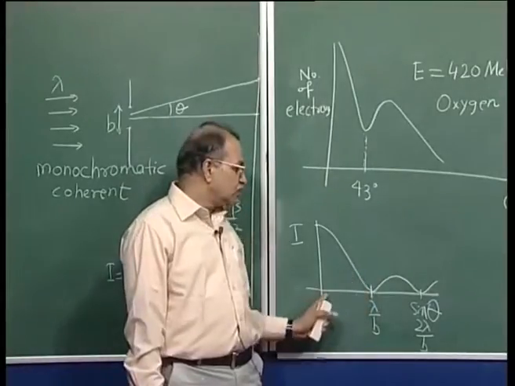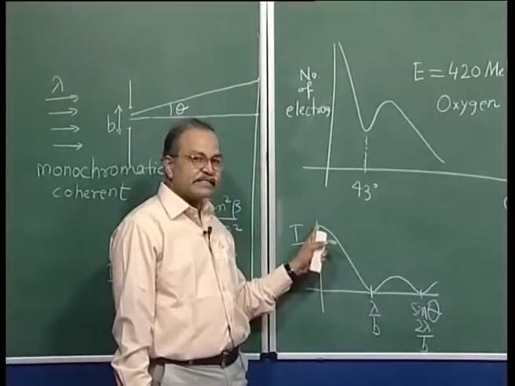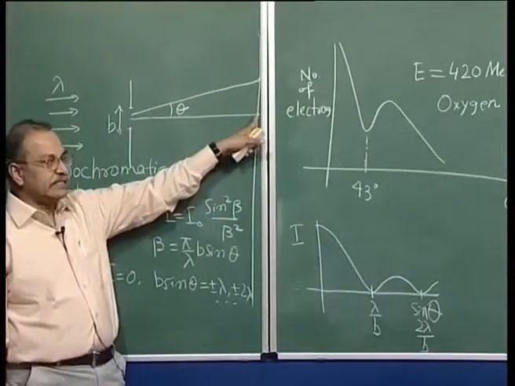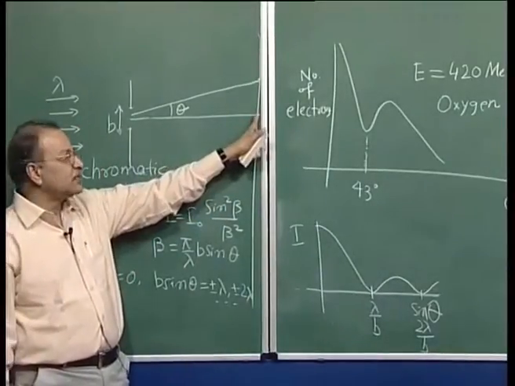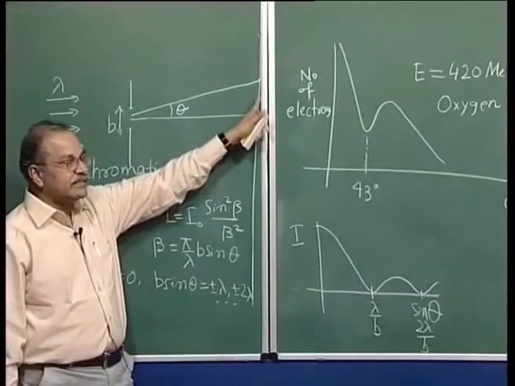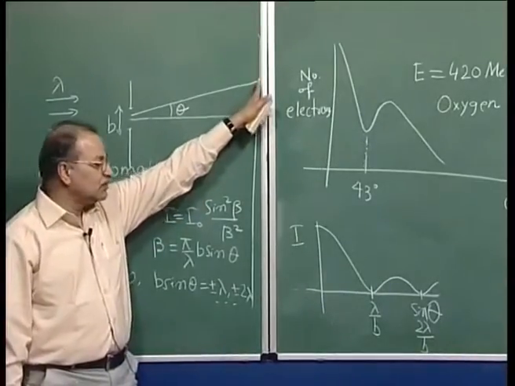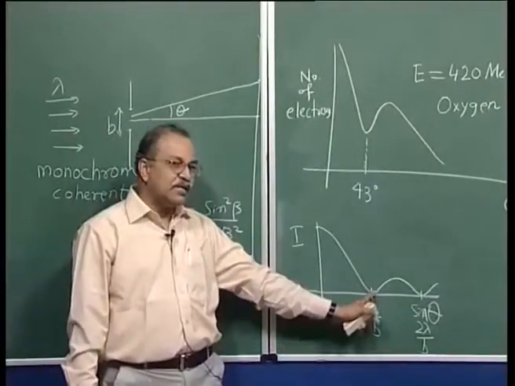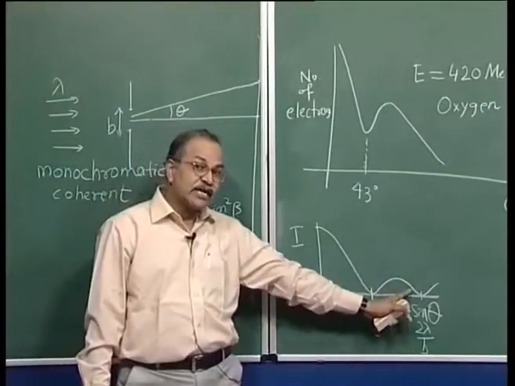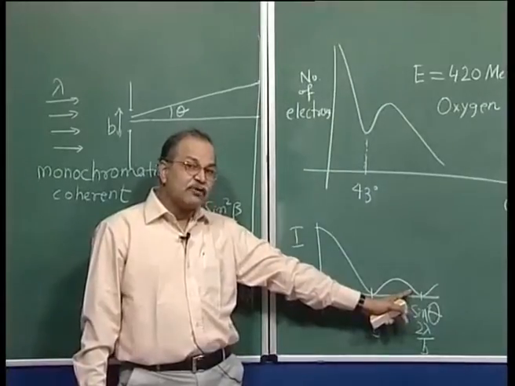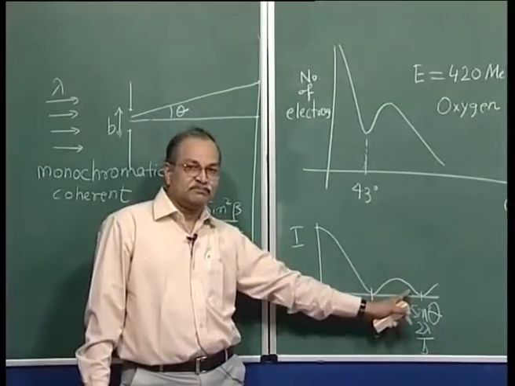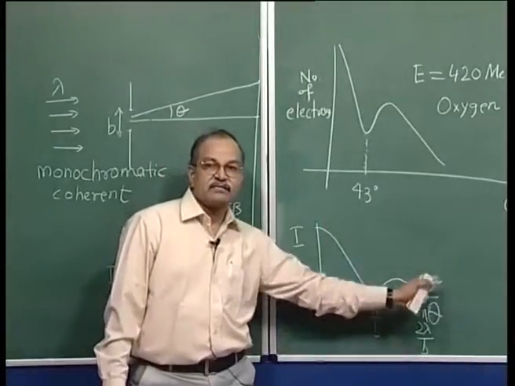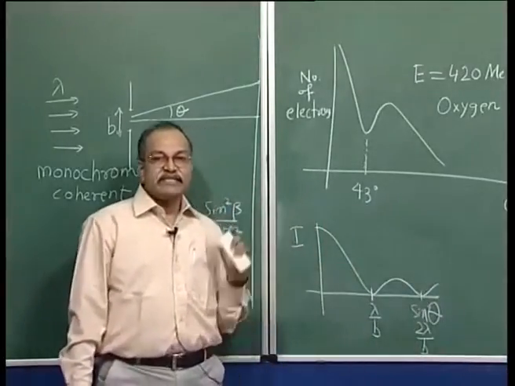So, at theta equal to 0, you have large intensity, and as you are increasing theta, intensity is going down and becoming 0 where sin theta is lambda by b, and then the next maximum is only about 5% of the first maximum. So, this maximum is very small. So, this is the diffraction pattern of a single slit.